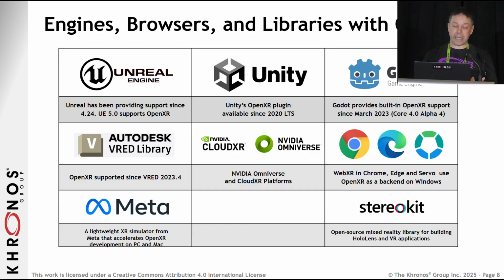Meta released a simulator as a library that runs on the PC and the Mac, which is interesting. Then we have StereoKit as well, and there are more engines. Many applications have their own engine, and we are definitely seeing that the vast majority of custom engines are going to OpenXR as well.